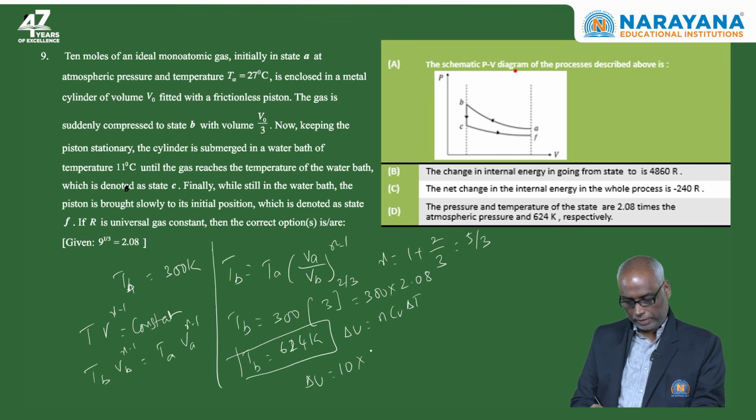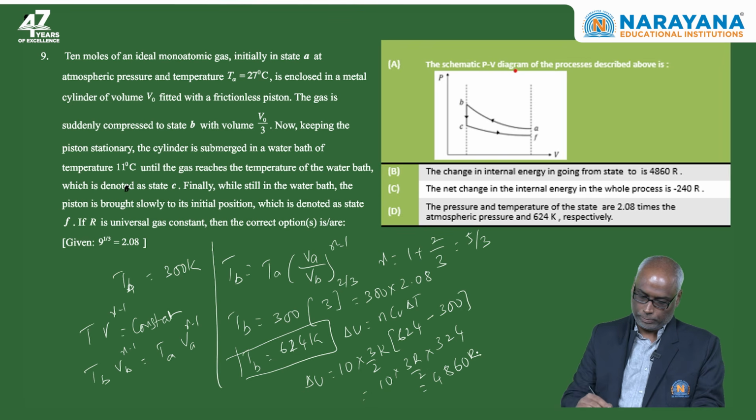Because it is a monatomic gas, Cv equals 3 by 2 R, into the change in temperature, which is 624 minus the initial temperature 300. This equals 10 into 3R by 2 into 324. This value comes out to be 4860 R. So, option B will be correct.